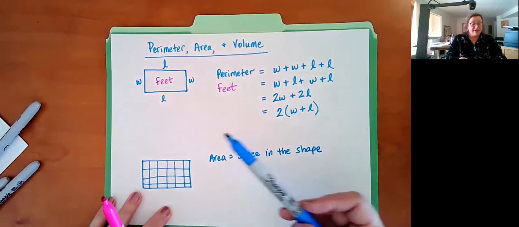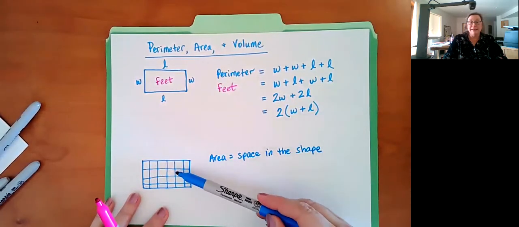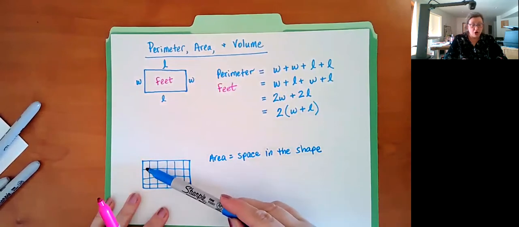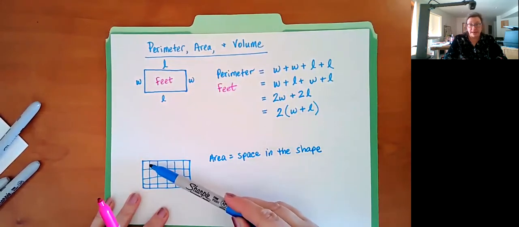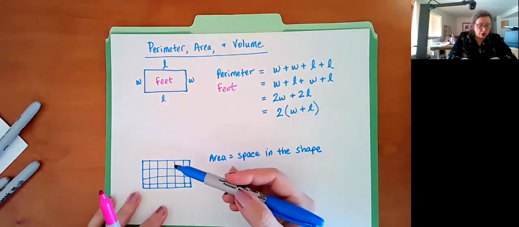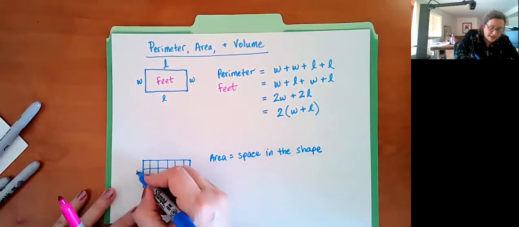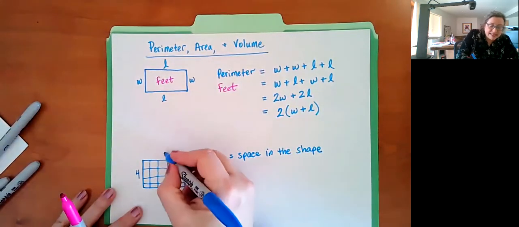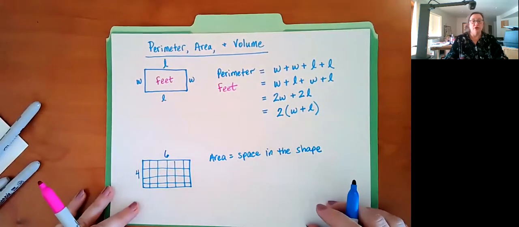The way that you could think of it is if you drew a bunch of boxes and each box was 1 by 1, one across and one up and down, how many boxes could you fit in that shape? Here we would have 4 boxes going up, and 6 boxes going across.